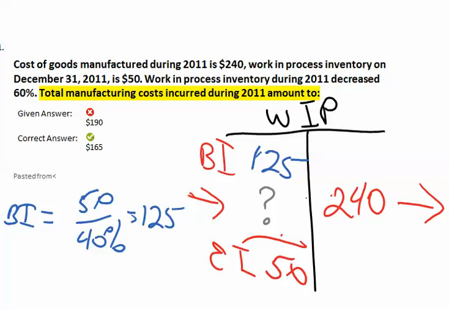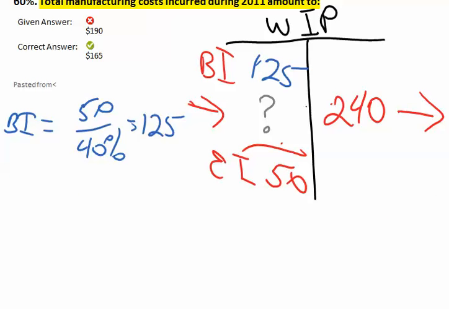If I have 125, and I'm going to have 50 left over, and I transferred out 240, I can then calculate the numbers. Let's go ahead and do that. I'm going to slide down here on the page a little bit. I'm going to go 125 minus 240, right? That's going away.